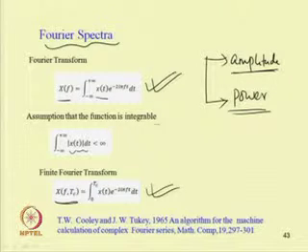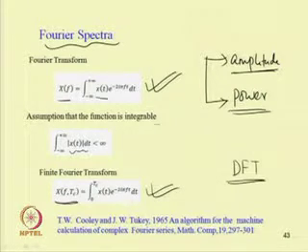For discrete points one can use the DFT, discrete Fourier transform, or a powerful method, the FFT, fast Fourier transform, which is a special form of the DFT. In case of experiments and also numerical response of the system, one can get the response at discrete times.